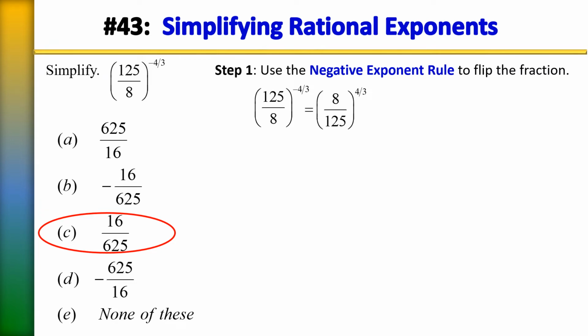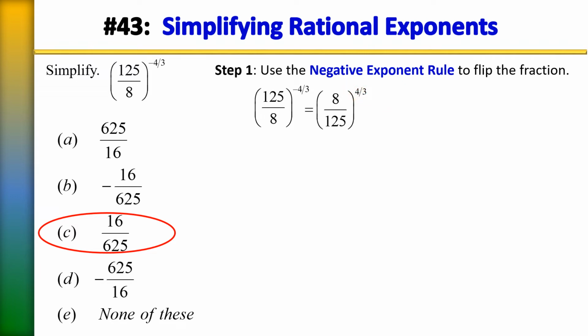So now we can proceed with solving this particular problem using the rational exponents rule. Recall that the bottom of the fraction is our root, and the top is our power.